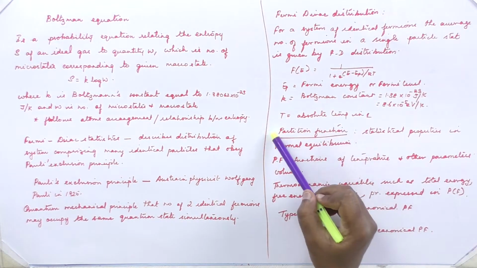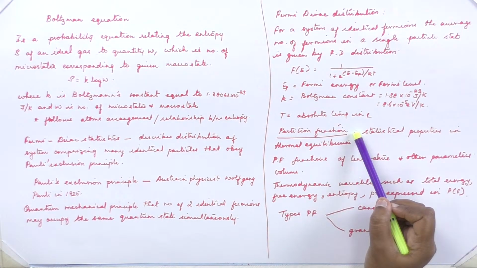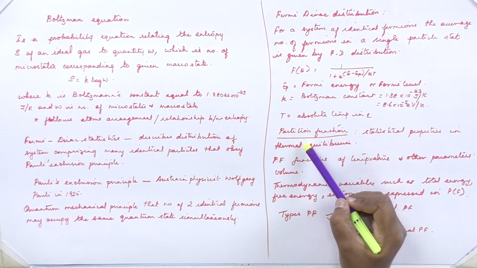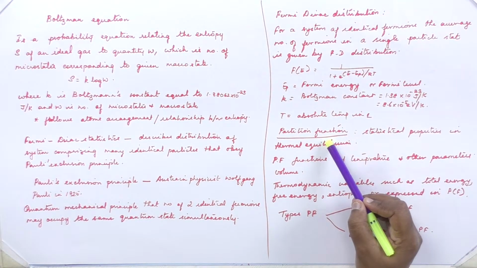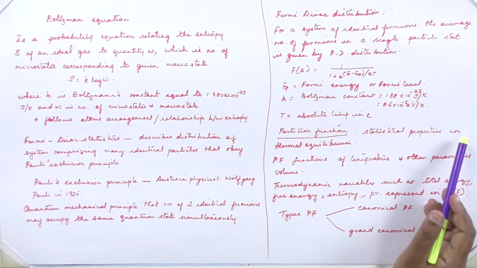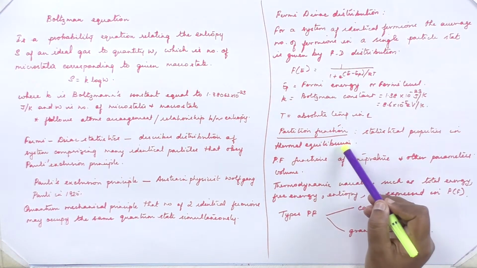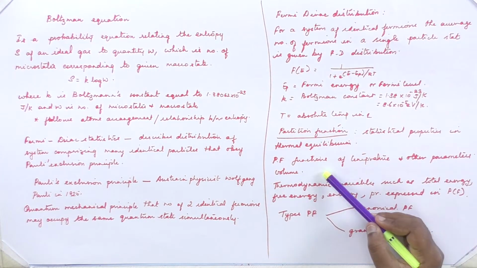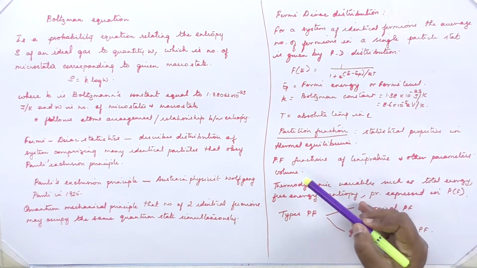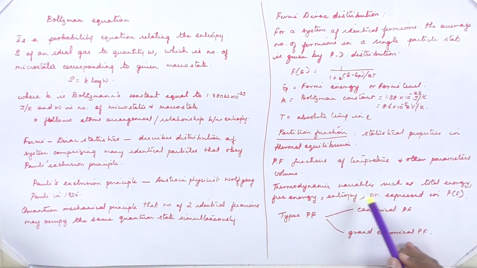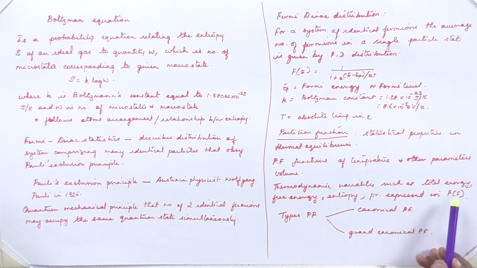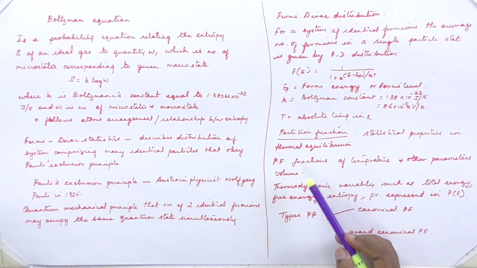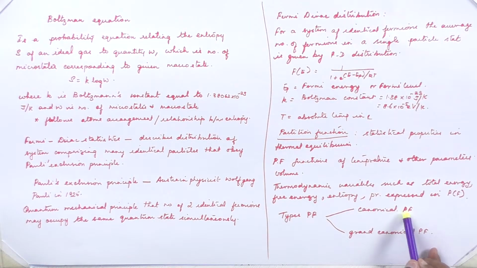We will look at another property, which is called the partition function, and this is a statistical property in thermal equilibrium. The partition function depends on temperature and other parameters such as volume. The thermodynamic variables such as total energy, free energy, entropy and pressure are expressed in terms of the partition function, and there are two types: the canonical partition function and the grand canonical partition function.